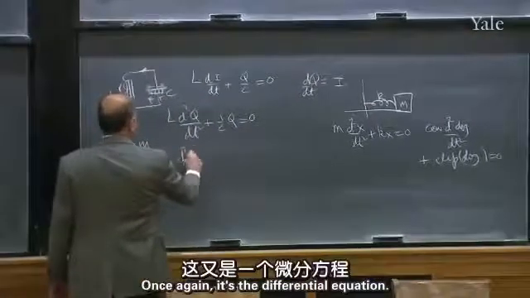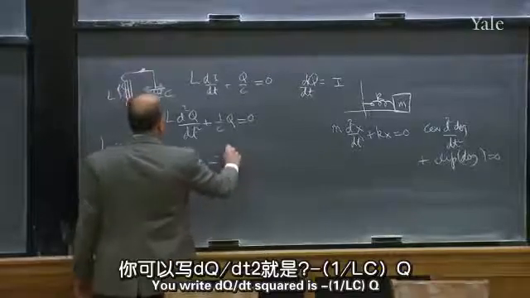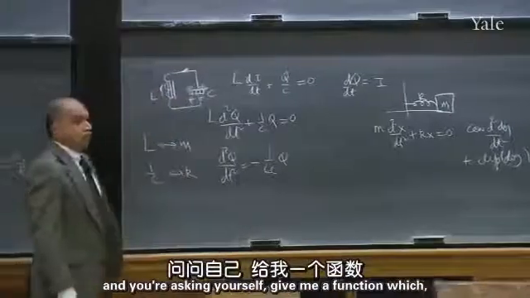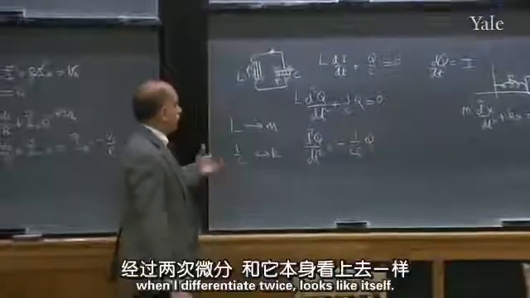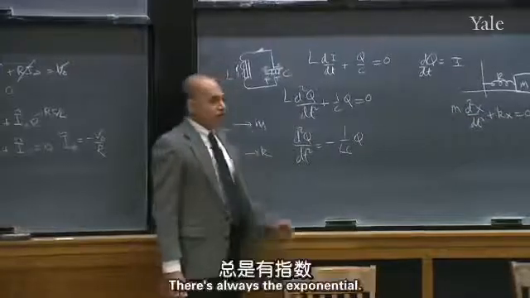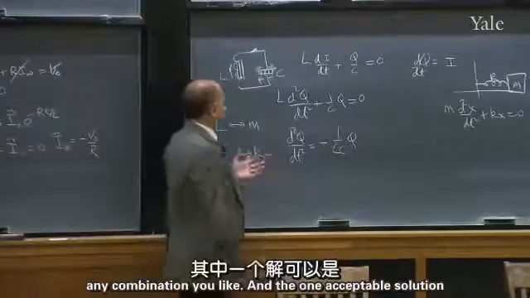Once again, it's the differential equation. You write d²q/dt² is minus 1/(LC) q, and you're asking yourself, give me a function which, when I differentiate twice, looks like itself. There's always the exponential. There's also sines and cosines, and you can take any combination you like.